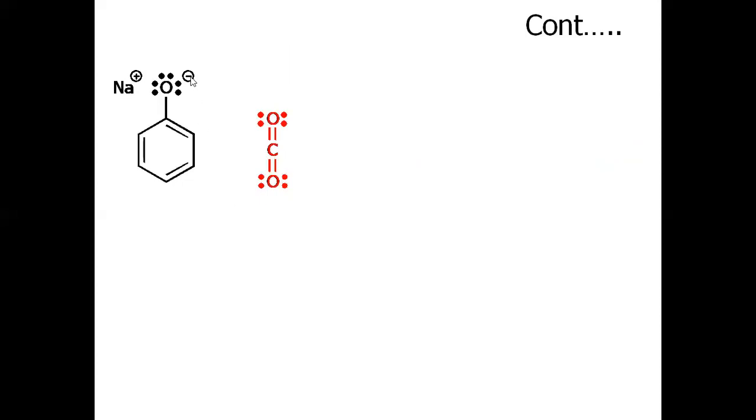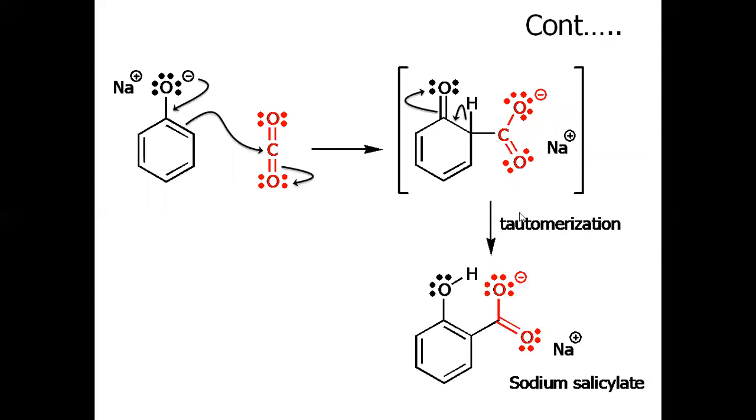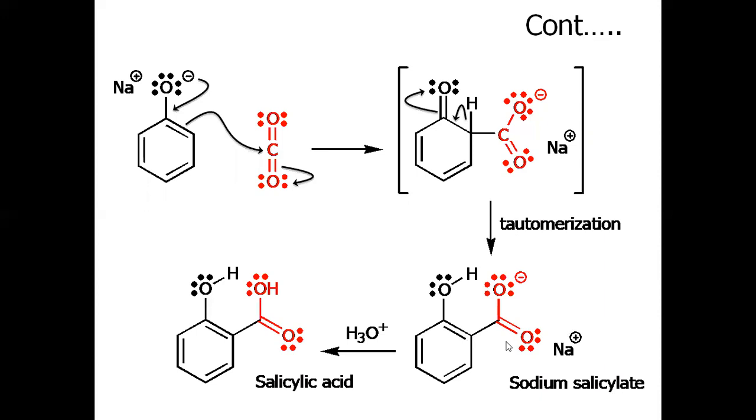The lone pair of this phenoxide ion will collapse here, and the pi electron of ortho carbon will attack on the carbon of the carbon dioxide to give you this carboxylate ion, which on tautomerization will give you sodium salicylate. This tautomerization is also known as keto-enol tautomerization. And on workup, this sodium salicylate will give you a salicylic acid.